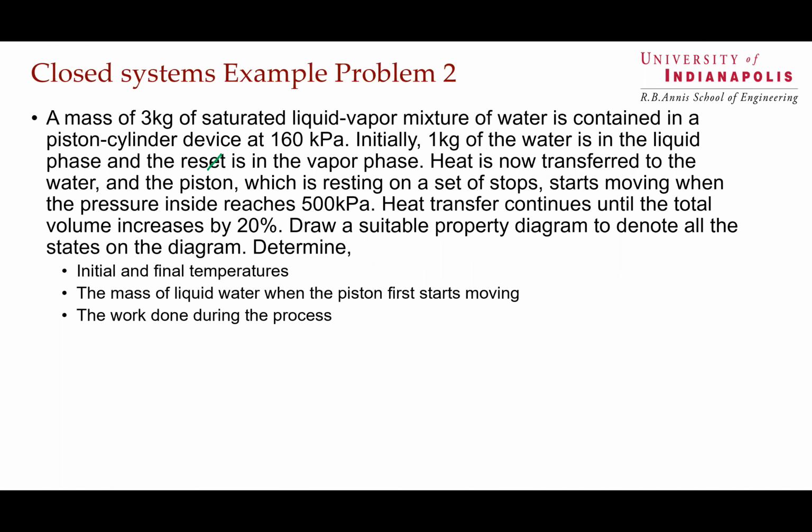Draw a suitable property diagram to denote all these states on the diagram. Determine initial and final temperatures, the mass of liquid water when the piston first starts moving, and the work done during the process. So that's the second problem. I will post solutions or the videos for these two problems separately.